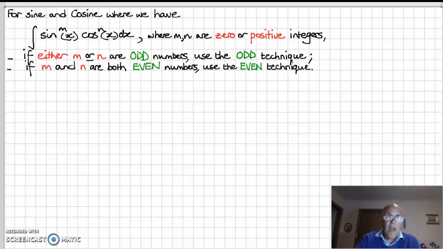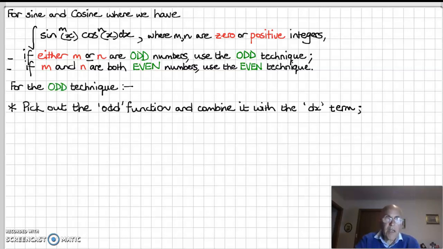However, if m and n are both even numbers, including 0, we use the even technique. In other words, if you had sine squared and no cos in there, or cos to the fourth and no sine in there with respect to x, you would use the even technique.